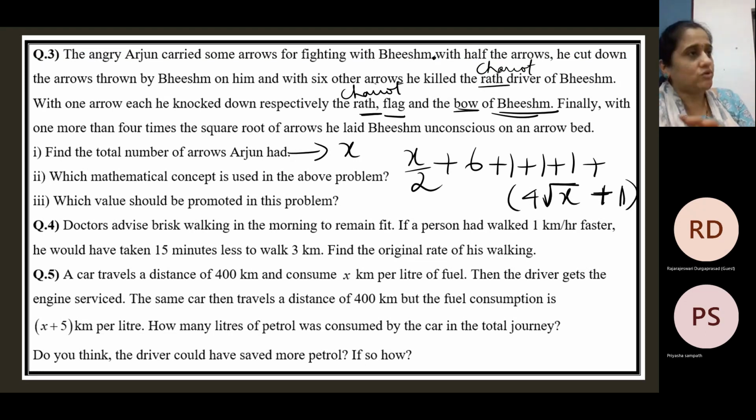He would have taken 15 minutes less to walk 3 kilometers. So if in my usual speed I need 1 hour, with the increased speed I need only 45 minutes. I need 15 minutes less to cover the same distance because I've increased my speed. So the difference in time taken is 15 minutes. 60 minutes minus 45 minutes is equal to 15 minutes.